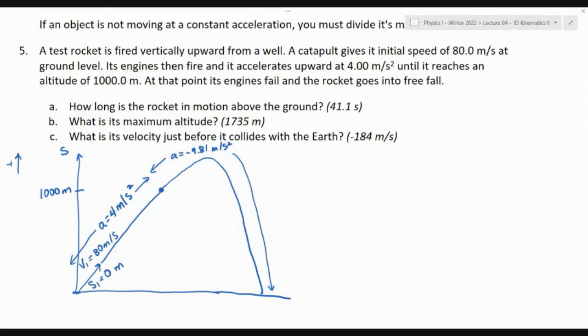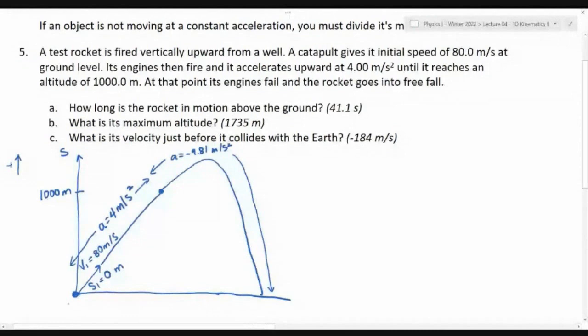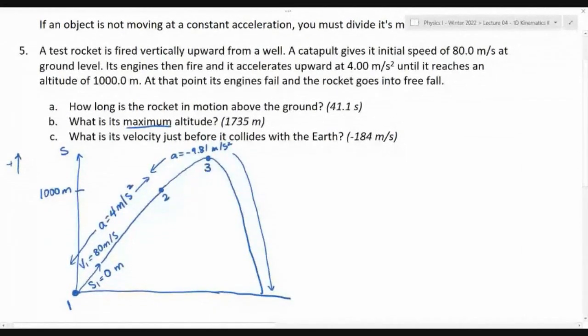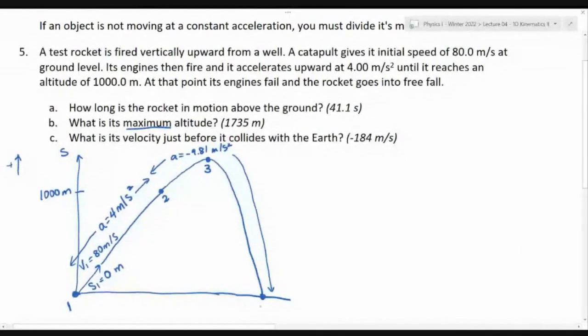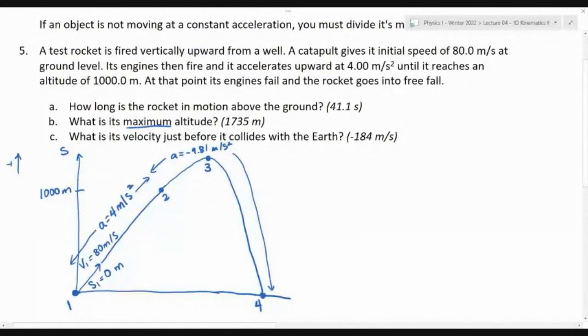And instead of using V initial and V final, I'm using V1, V2, V3, S1, S2, S3. So this here is my position 1, and this one is my 2. The question asks us about a maximum altitude, so I'm going to call this position here 3, and down here 4. I'm not going to use initial and final because it gets confusing when we split this up into different parts.